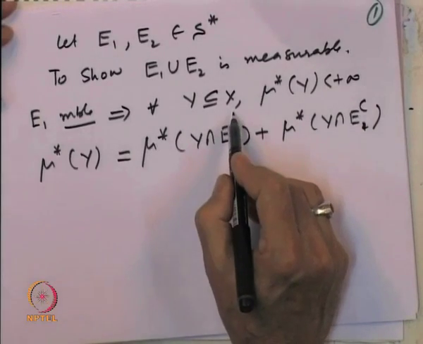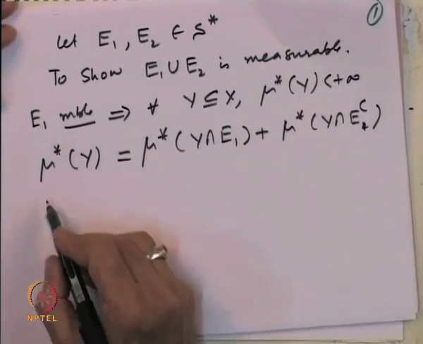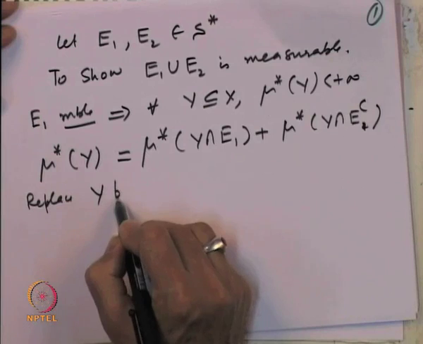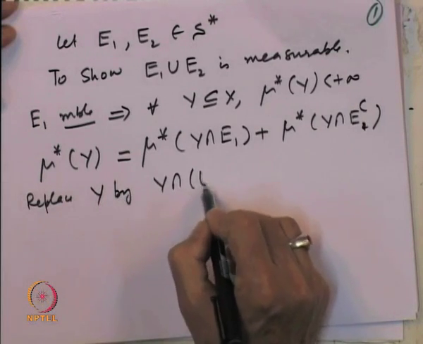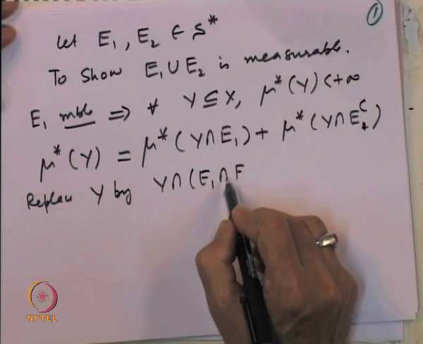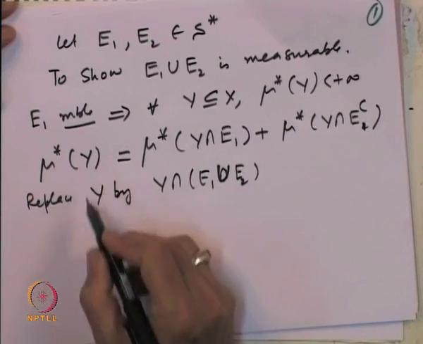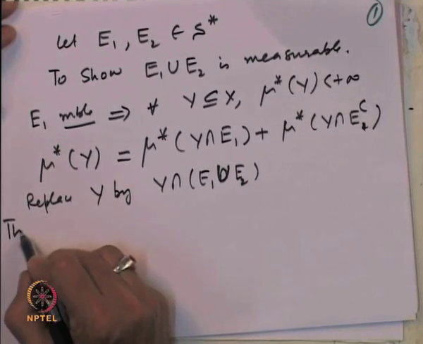This is true for every subset Y with that property. Let us replace Y by Y intersection E 1 union E 2.